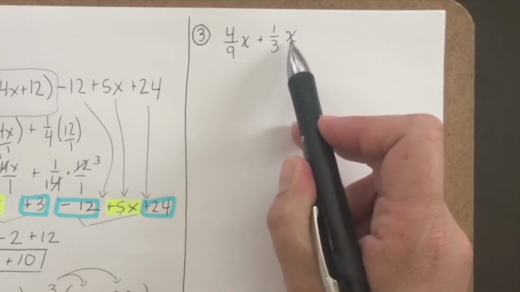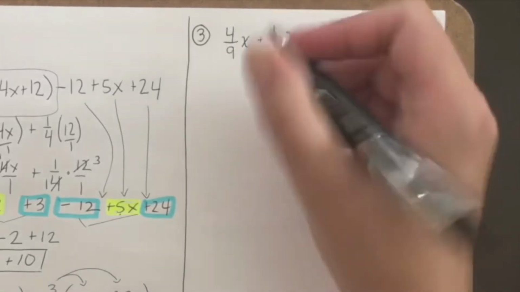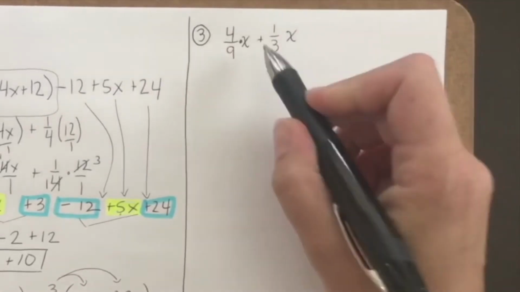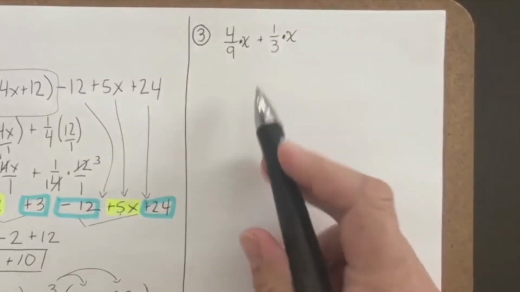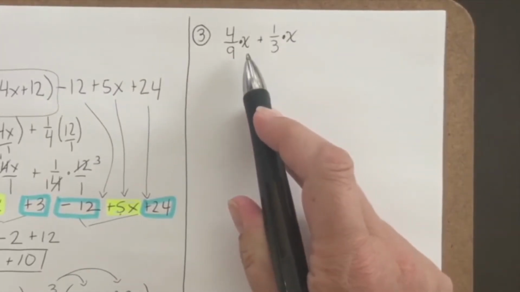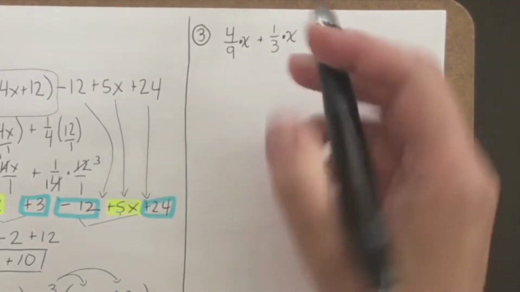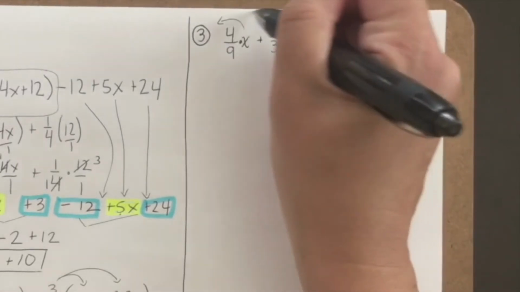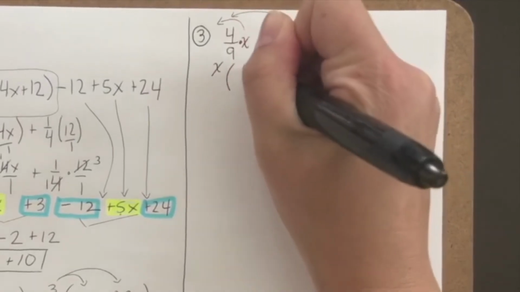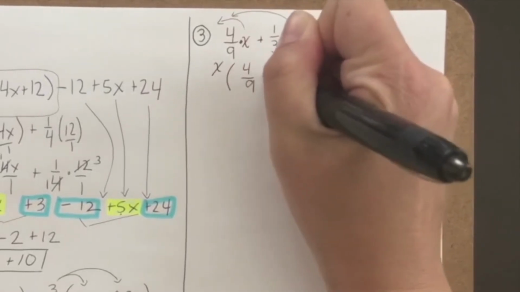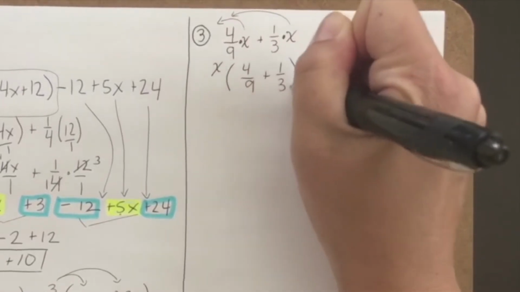Or another way to think about this is 4 over 9 times x plus 1 over 3 times x. We can do a reverse distribute and actually pull out 1x from both of these and have 4/9 plus 1/3.